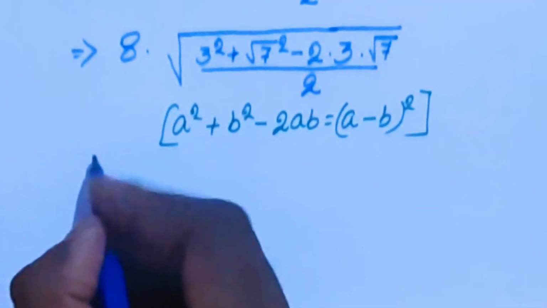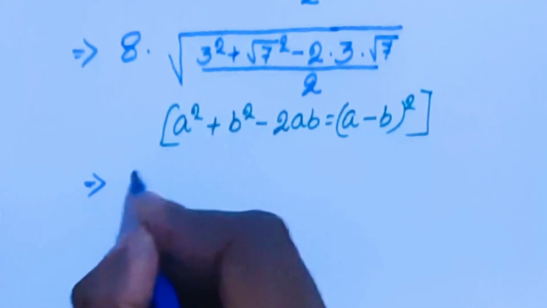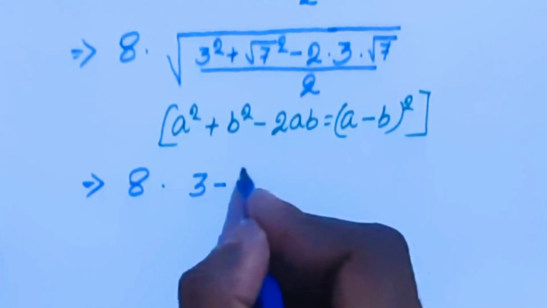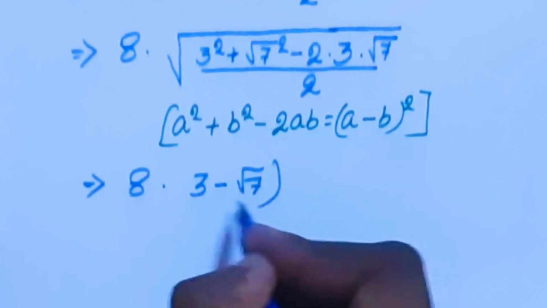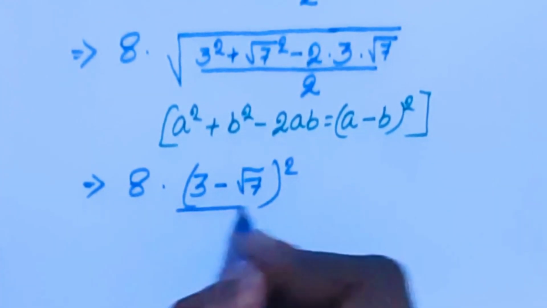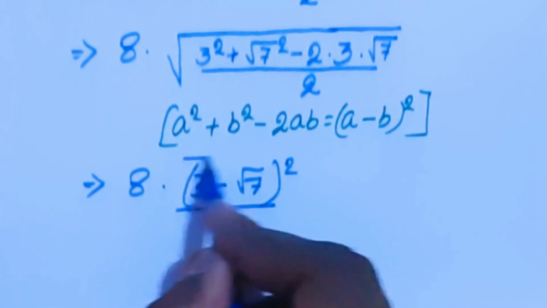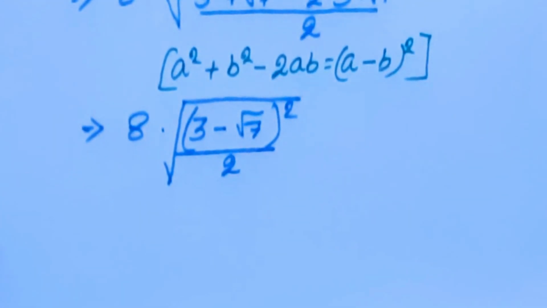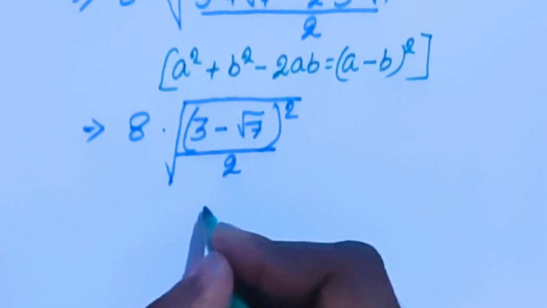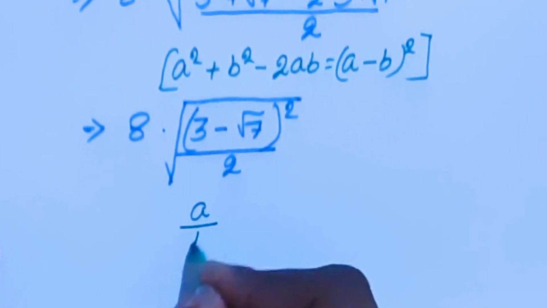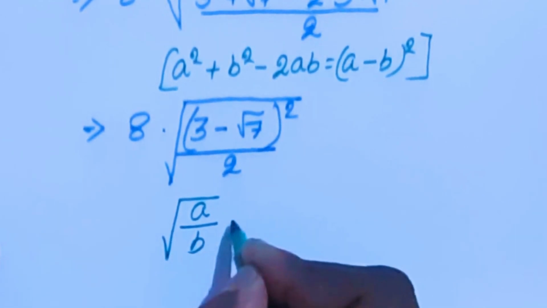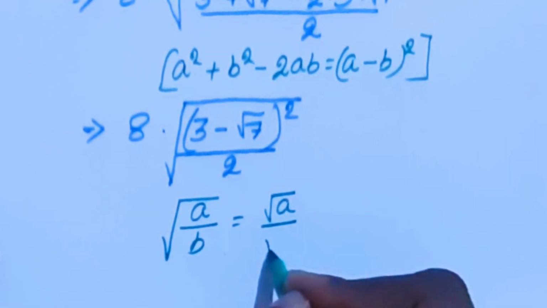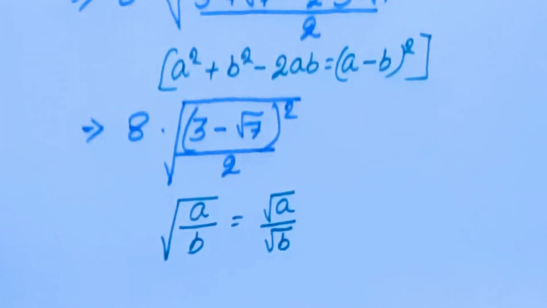So 8 times 3 minus square root of 7 whole square by 2 in whole square root. Now we are going to apply this formula, that square root of a by b can be written as square root of a by square root of b.